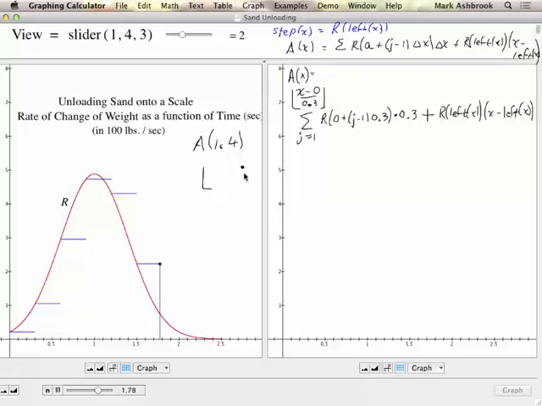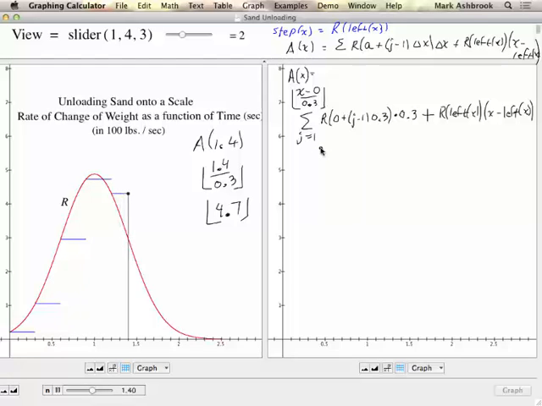That would be the floor function of 1.4 minus 0 over 0.3, which is the floor of 4.7. And what's the floor of 4.7? 4. So this is going to sum together 4 things, j equals 1 to 4.